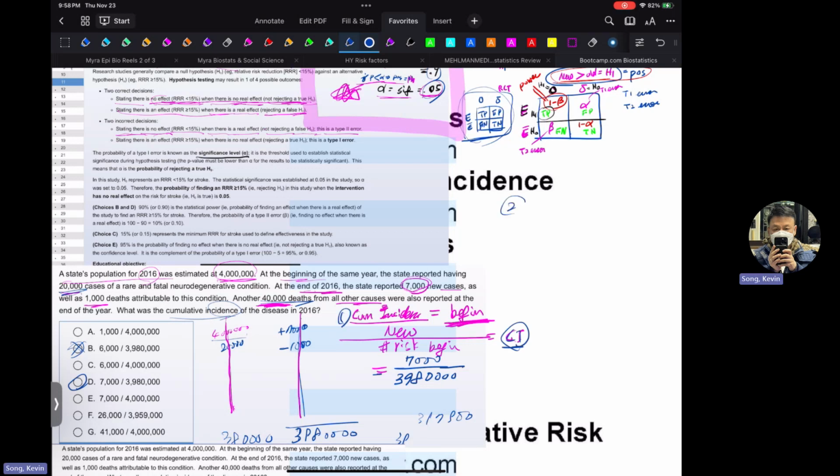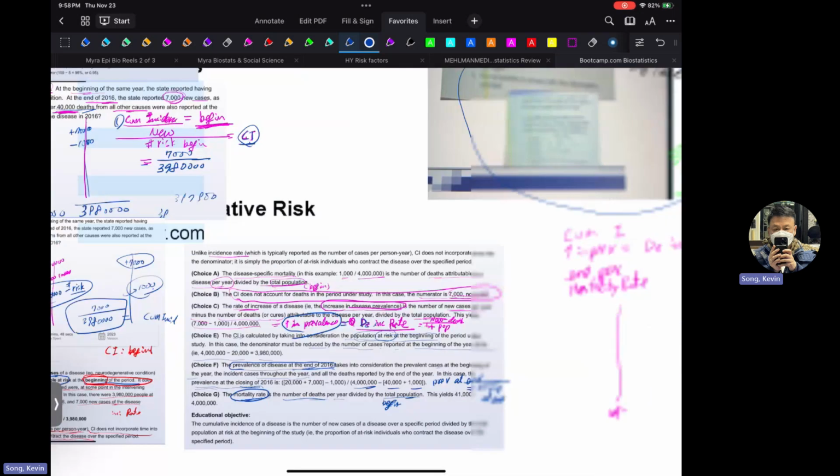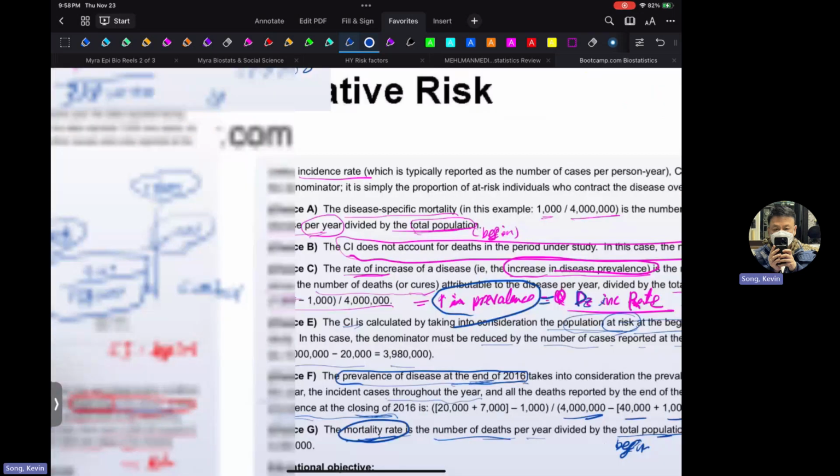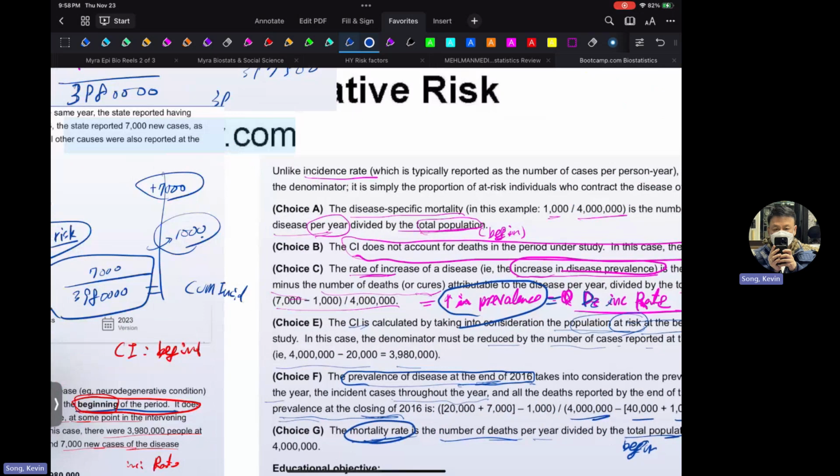Now, the second thing. Let me see what was the second thing we are going to discuss. The increase in prevalence, or disease increase rate, or rate of increase in disease.